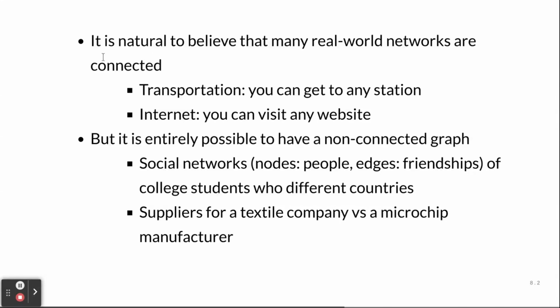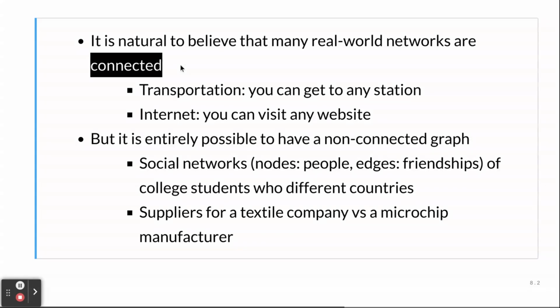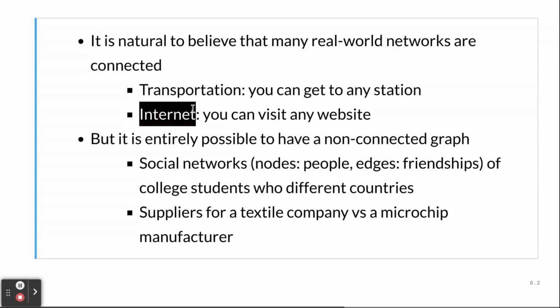Another example of a network that makes sense to be connected would be the internet. Now, when I say the internet, I really mean the system of computers and transmission lines that make up the hardware side of the internet, not necessarily the content or digital side, where we think that every website has to be reachable through clicking links to every other website.